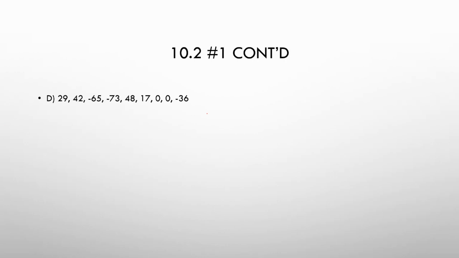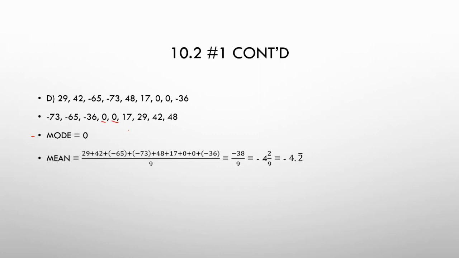And then part D, I've got these numbers to look at. I started by putting them in increasing order. I saw that I had 2 zeros, and that was the only number that appeared more than once, so that was the mode. To find the mean, I added up all my numbers and divided by 9, because there were 9 numbers this time.